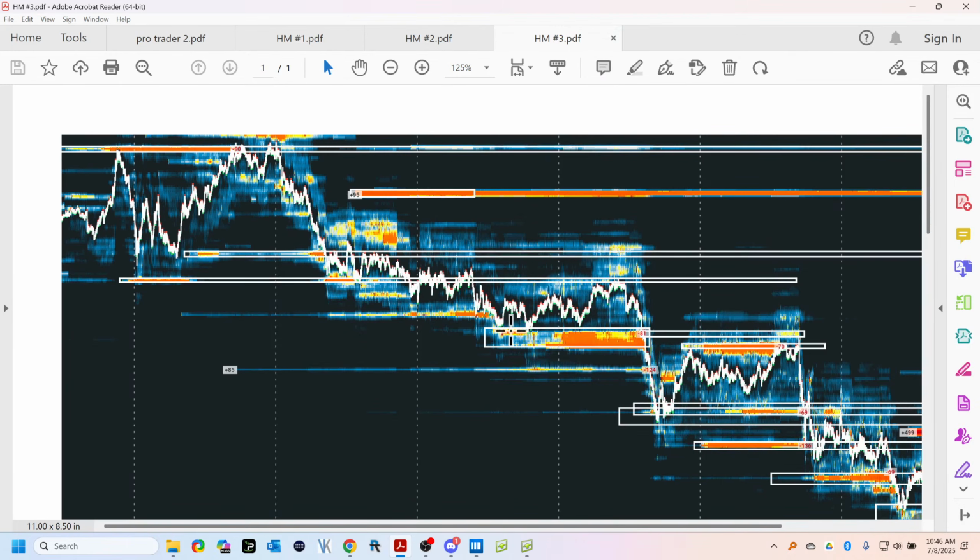So if I know that I had buyers here and I see the reaction, now I know, what's this? Resistance. Support. Where does it come? Back here. Resistance. This is support. What happens here? They pull.